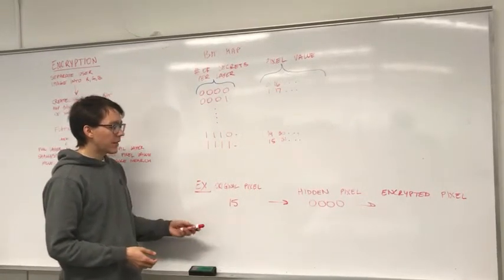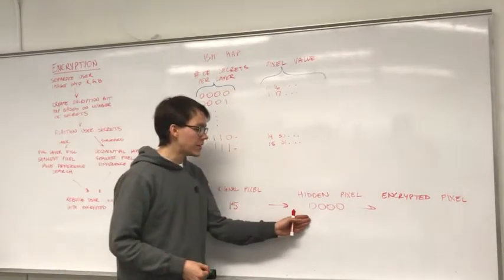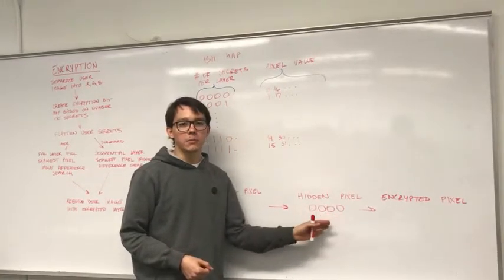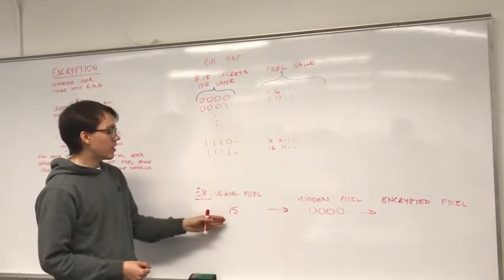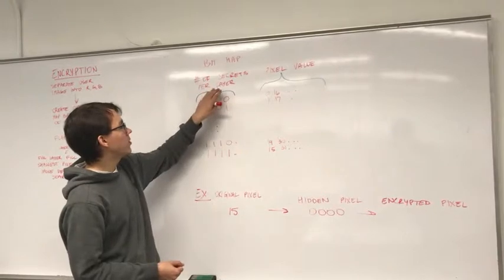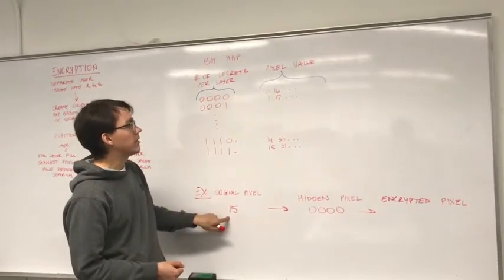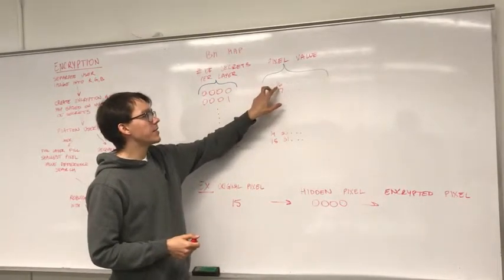So let's say the original pixel that the user wants to hide is 15, and the user wants to hide values 0000, which are part of the 4 hidden secret images. This is simply accomplished by looking at the bitmap. So the hidden value is 0000, we look at the number of secrets per layer, and the original value is 15, meaning that the user pixel is 15, so we can choose between 2 values, 0 and 16.